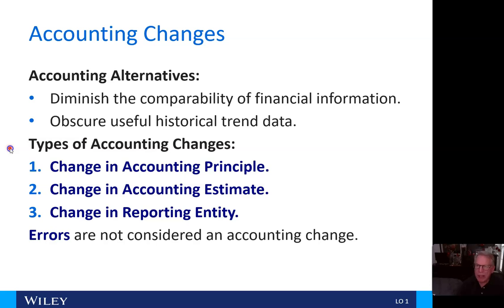The types of accounting changes are 1. Change in accounting principle, 2. Change in accounting estimates, and 3. Change in reporting entity. Errors are not considered an accounting change.